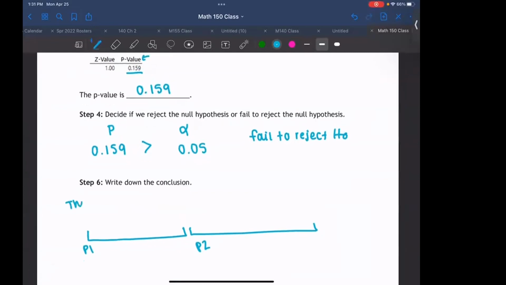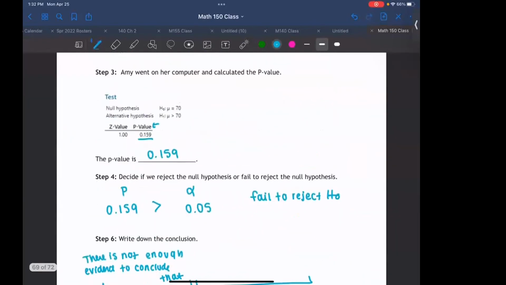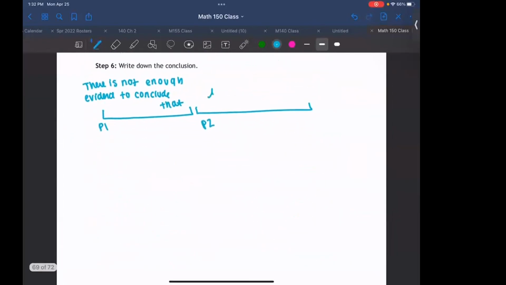So there is not enough evidence to conclude that. And what is always our ending? H1, good, the alternate hypothesis. So looking back at the alternate hypothesis, it says mu is bigger than 70. I'm just going to rewrite that down here. Mu bigger than 70.